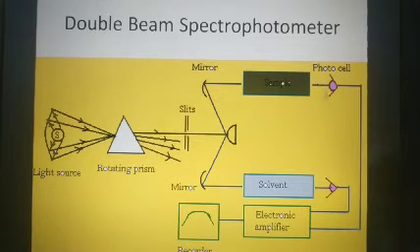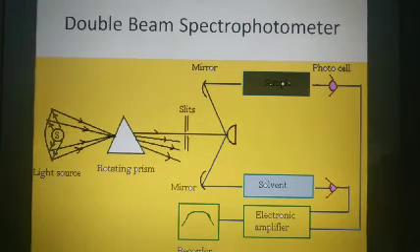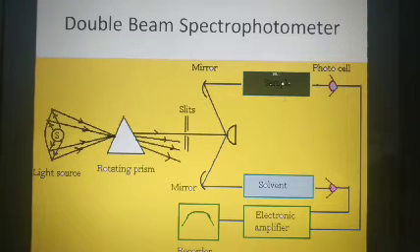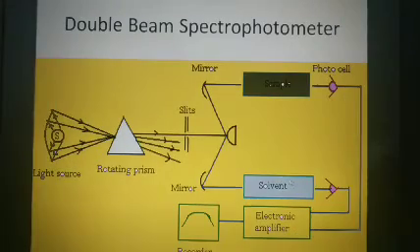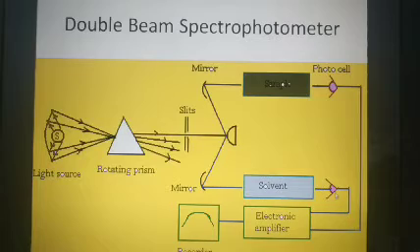Then there is a photocell that analyzes the absorbed part, because it only reads the emergent part and gives information about the missing part. Missing part means that which is absorbed by the sample. So it gives the information regarding the missing part. The same information comes from the solvent side.